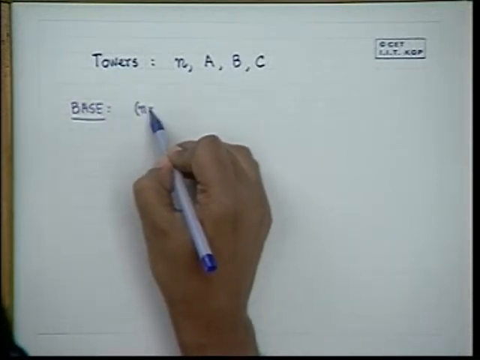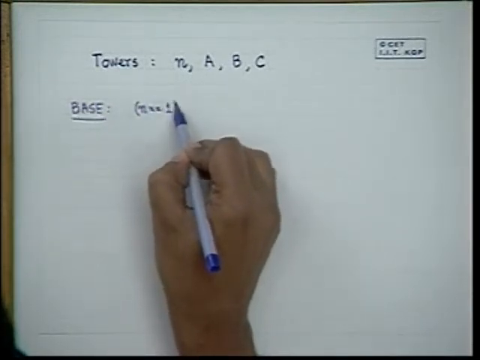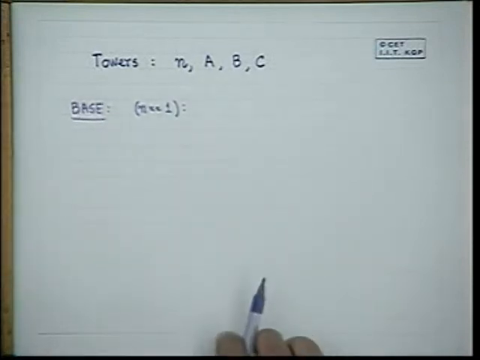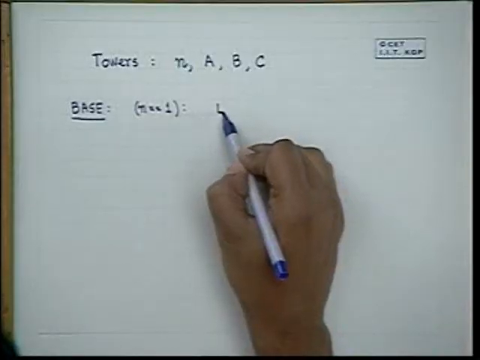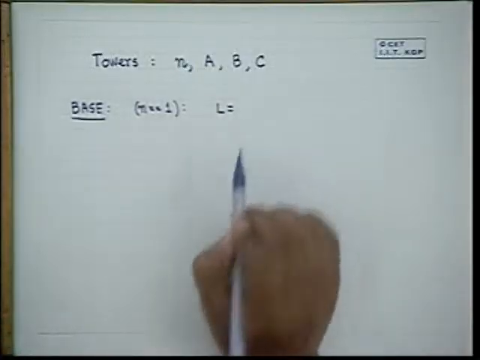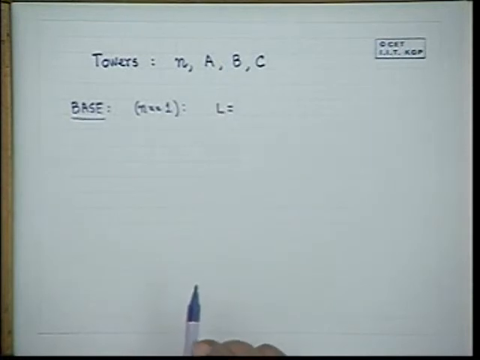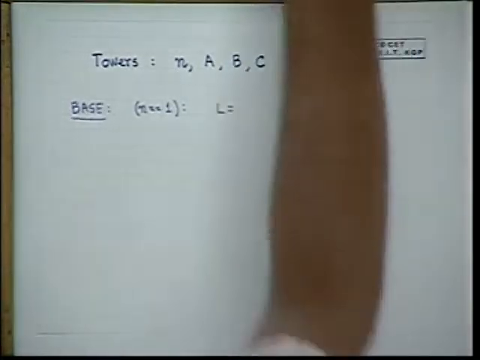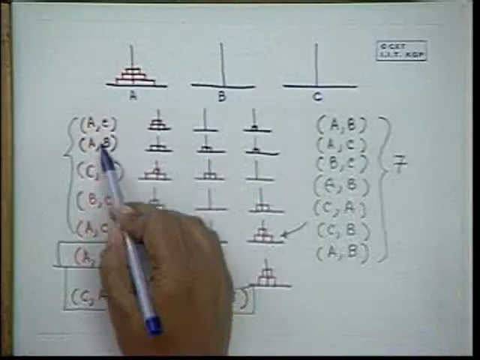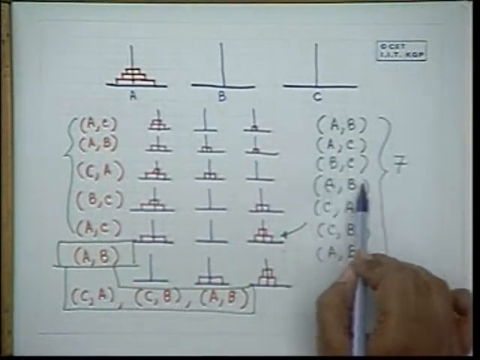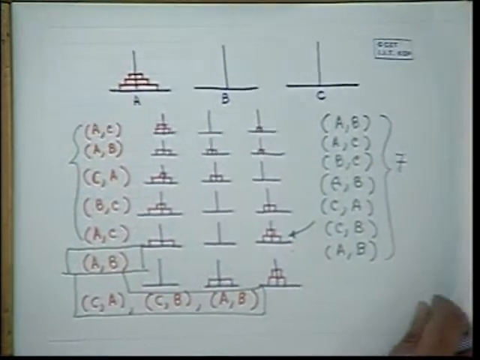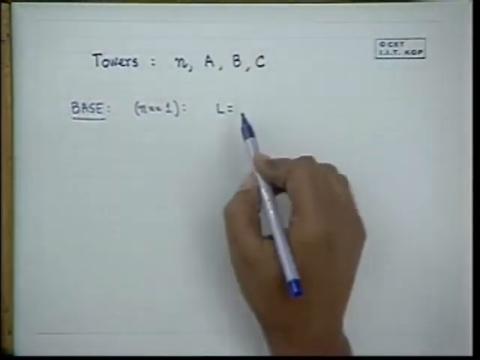N is equal to 1. When n is equal to 1, what is the solution? Now, what does the solution consist of? The solution, as we showed before, consists of a sequence of moves, A to B, A to C, etc. So we have to return a sequence.